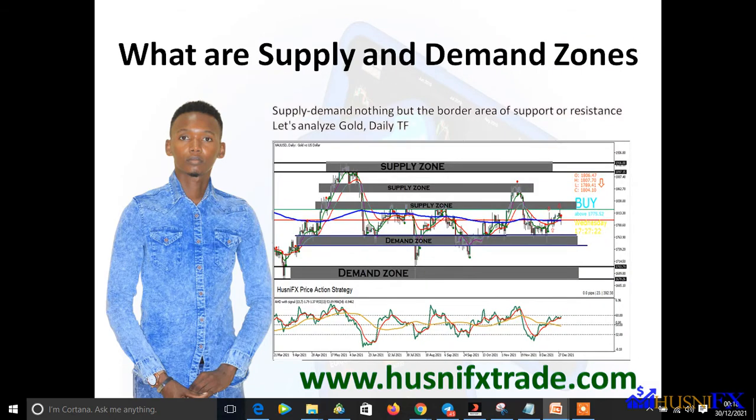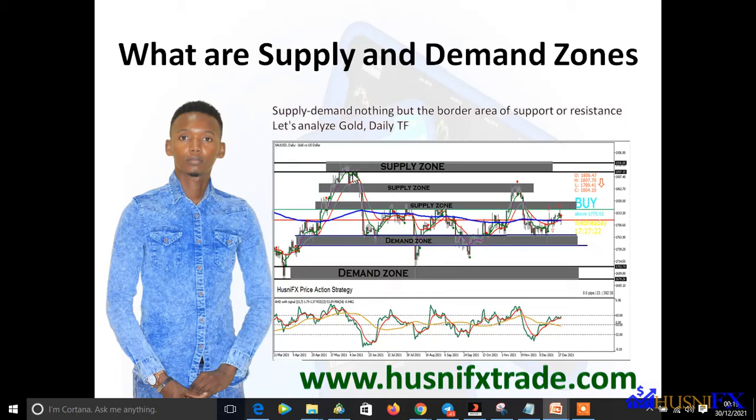In this picture you can see what the supply and demand zones are. Supply and demand zones are nothing but the broader area of support and resistance. Let us now analyze the gold daily time frame.